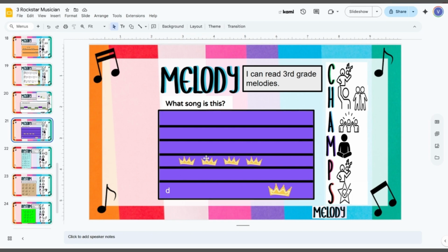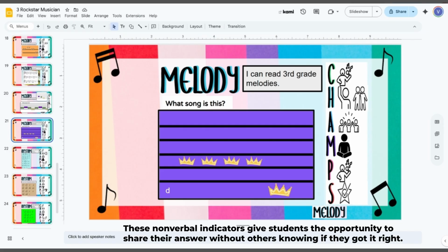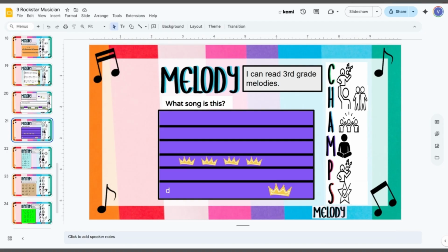What song is this? These are the words for that part of the song. And then I sing it a second time, but this time I say, okay, touch your ear when you hear it. Lu, lu, lu, lu, lu, sol, do. And then I sing this song again, and more students are touching their ears at the appropriate time. From there, I say, okay, tell your neighbor what you decided.